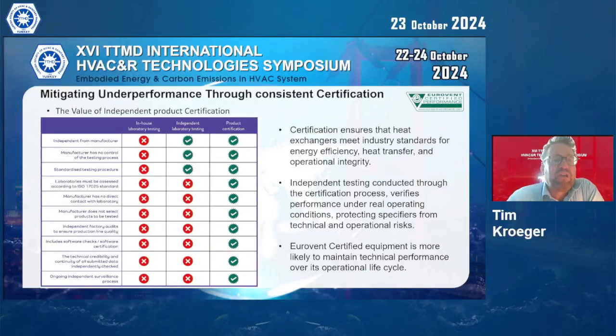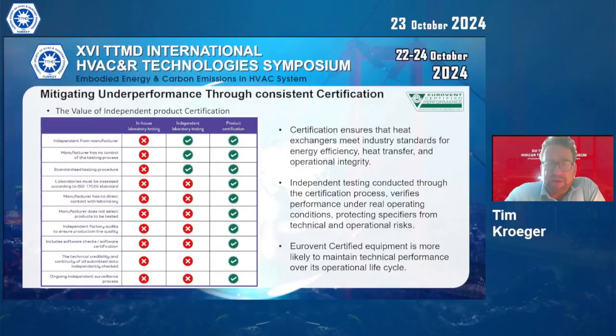For instance, selection software checks are part of our certification process. So we want to make sure that if a planner or a consulting engineer is using a manufacturer's software to analyze the performance at certain conditions, that then includes consideration of, for instance, these correction factors that I mentioned earlier.